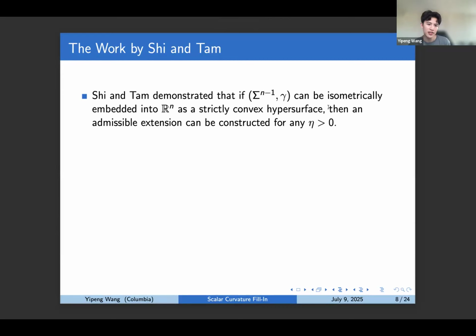In general, this is a very hard question to study if you don't impose anything else. The work by Shi and Tam showed that if your boundary data can be isometrically embedded into R^n as a strictly convex hypersurface, then you can always find these extensions, for any function eta that's positive.